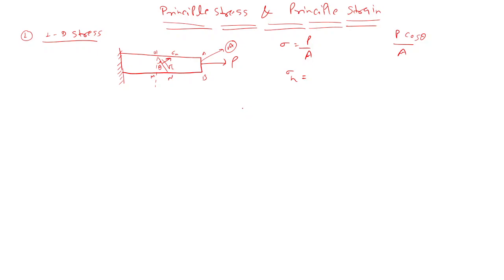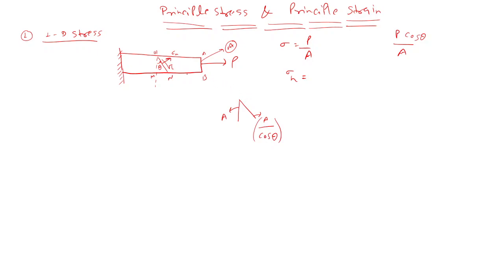Let's suppose this is our plane. If this area is A, then this area would be A by cos theta, right? But you have to find the normal stress here.